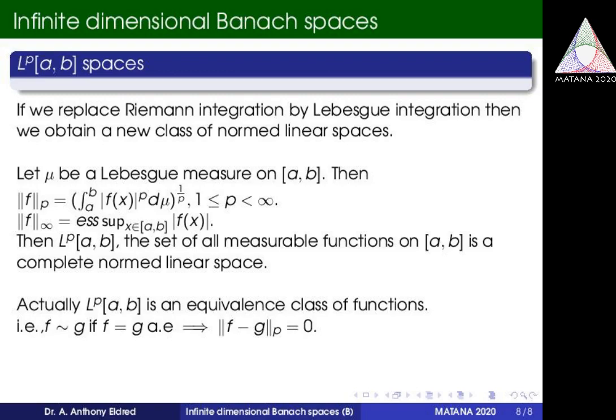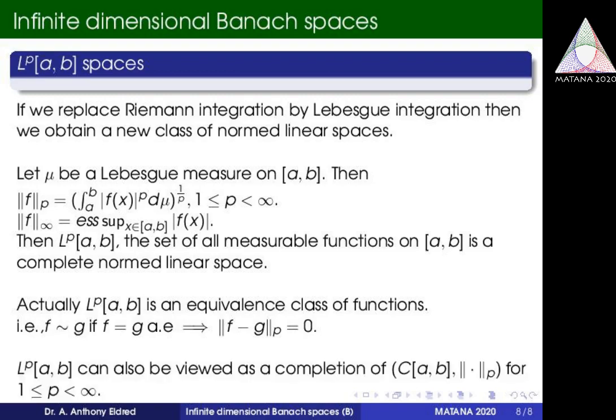So in other words, each element is an equivalence class, and any member of the equivalence class can be used to represent that class, and any member of the equivalence class will be a measurable function contained in that equivalence class containing all the other measurable functions equivalent to that function. That is, f is equal to g if f equals g almost everywhere, which implies p norm of f minus g is equal to 0.